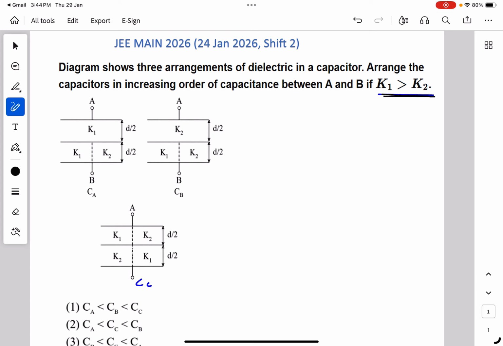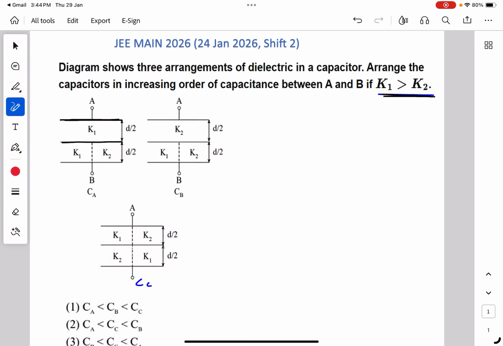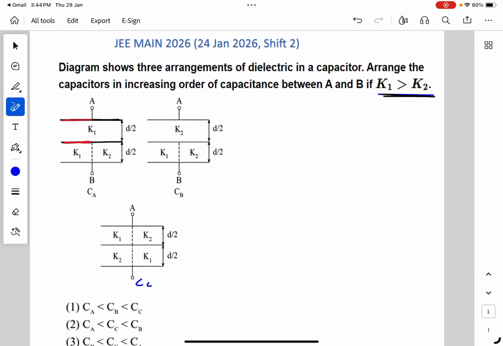Let us take up this slab of dielectric constant K1. The potential difference across the left half of this slab is equal to the potential difference across the right half of the slab.